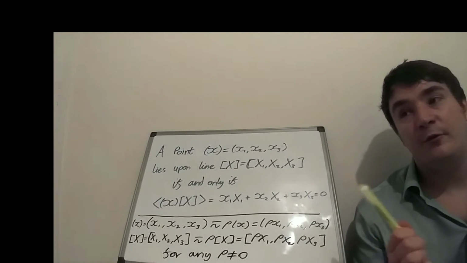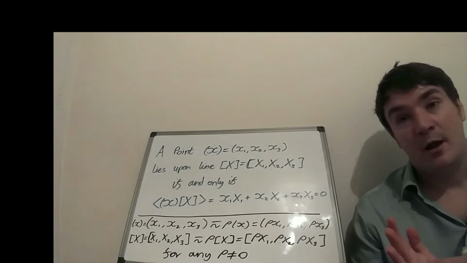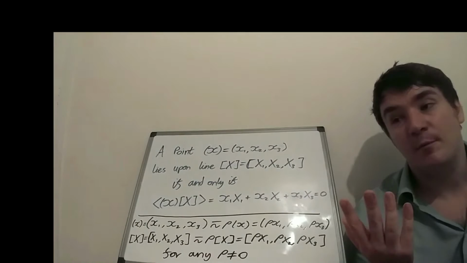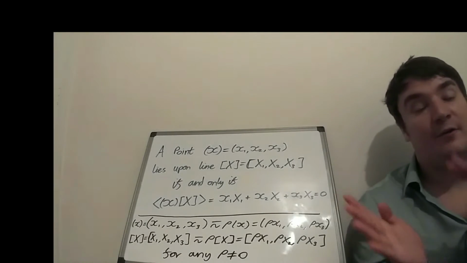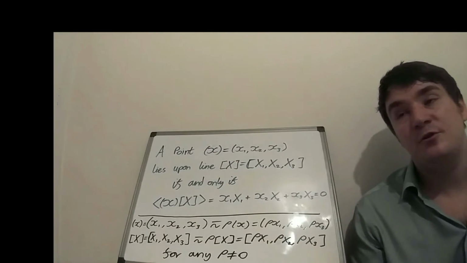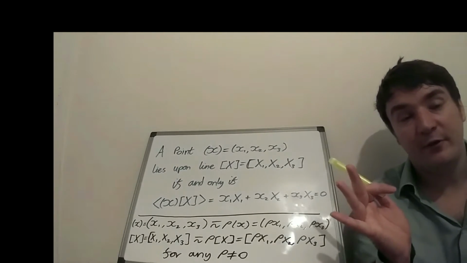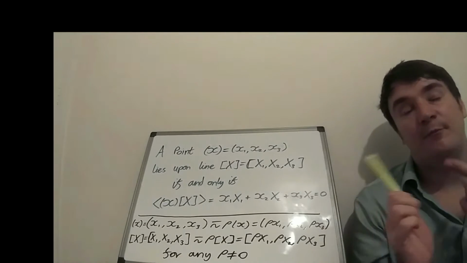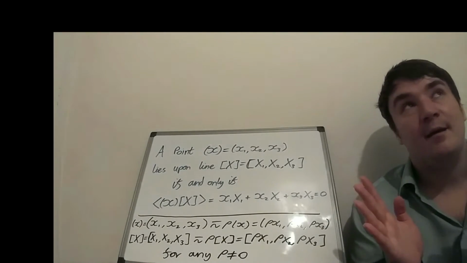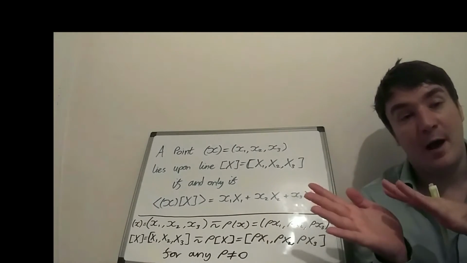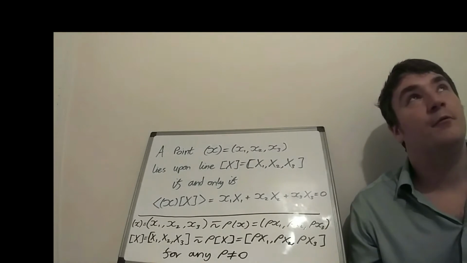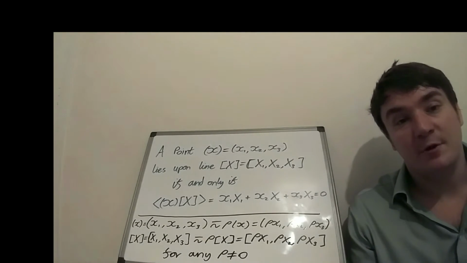Unlike the standard synthetic approach, which I've talked about in previous videos on foundations of projective geometry, where you need lots of axioms and assumptions to begin, here you pretty much just need the idea of the coordinate system, the definitions of points and lines, and the definition of when a point lies upon a line. From there you can quite quickly prove lots of the important results of geometry.